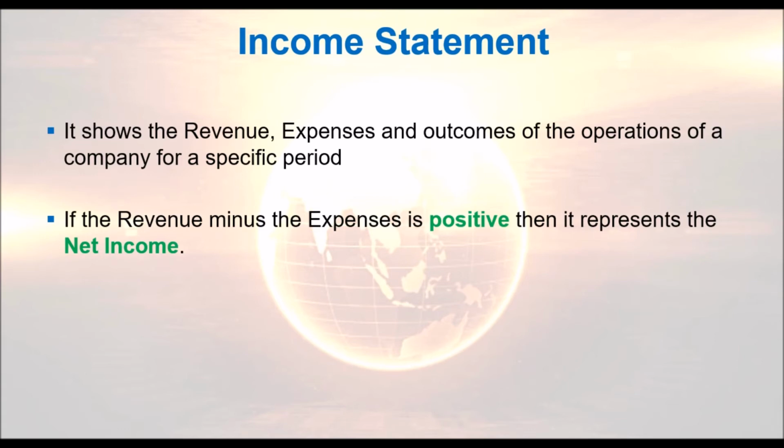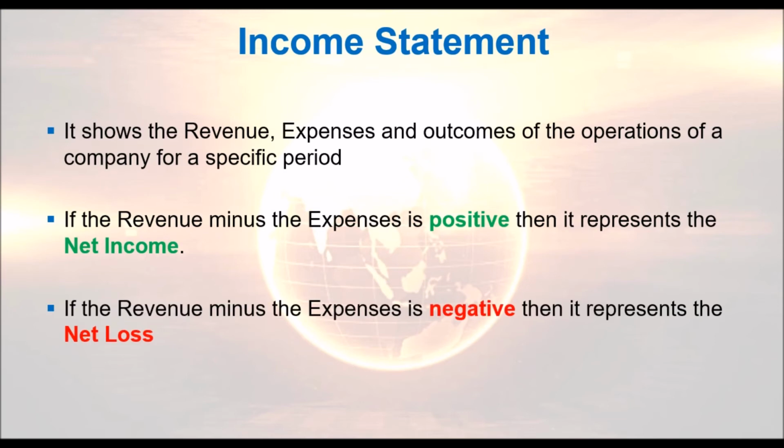Now, if revenue is more and expenses are less, it's positive, then it represents a net income. If the revenue minus expenses is negative, that means the revenue is less than the expenses. The expenses incurred are more than the revenue, then it represents a net loss.